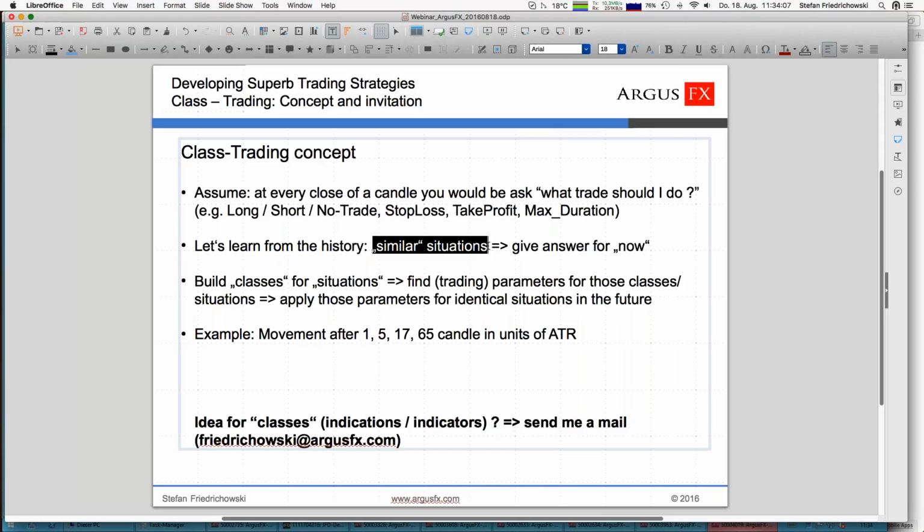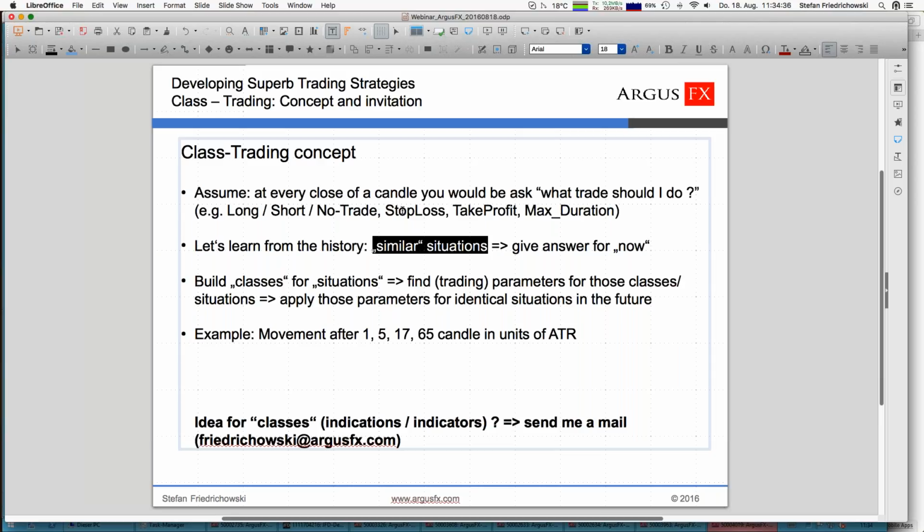So finally, what we would have is different classes with different sets of parameters which describe the potential trade. So first of all, it's a question, trade yes or no, and then long or short. And finally, those three numbers, in my case here, stop loss, take profit, and maximum duration.